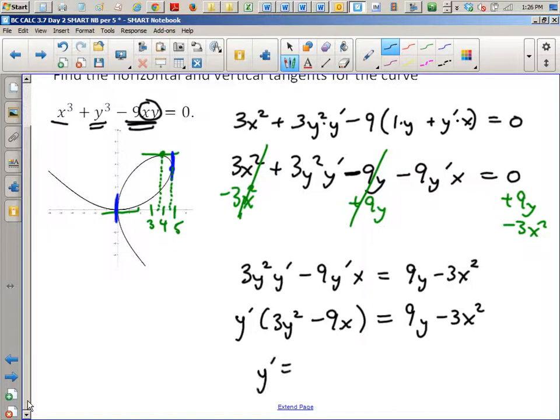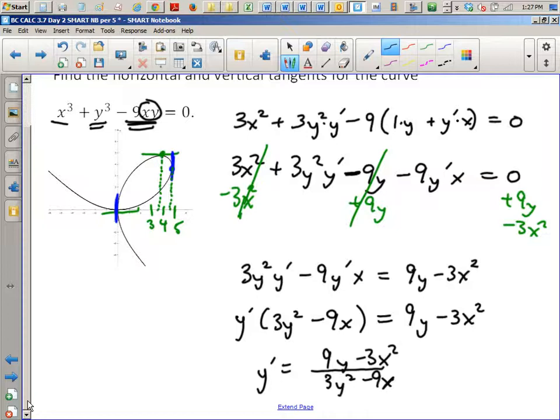Y prime is, and I love the symmetry on this answer, 9y minus 3x squared for a numerator, and on the bottom it's basically negative 9x plus 3y squared. So it's 3y squared minus 9x. You gotta love the symmetry on that answer. The top and bottom are very, very similar. Look at the graph. It's got some symmetry of its own, doesn't it?